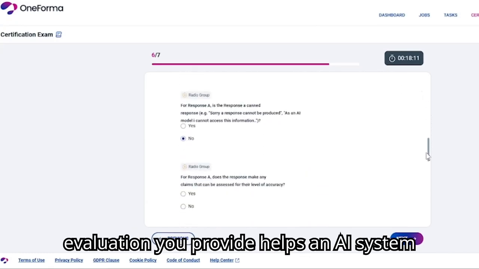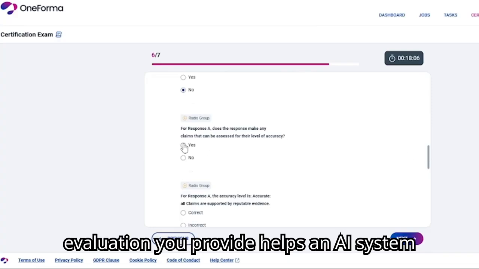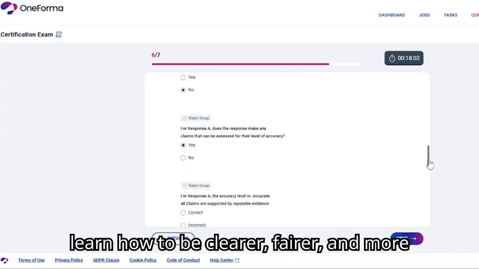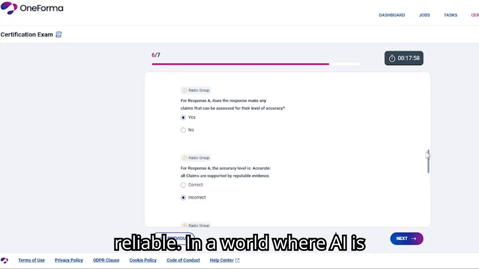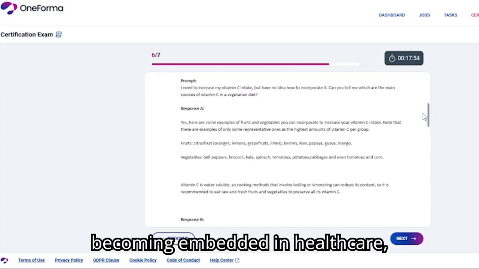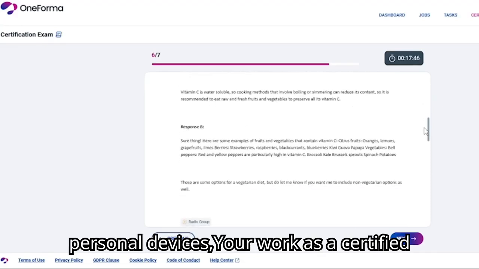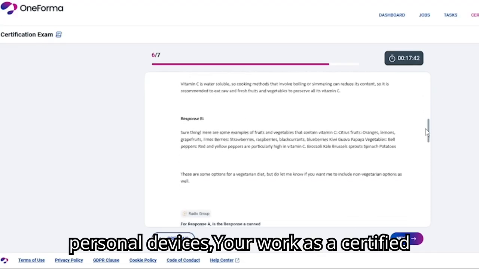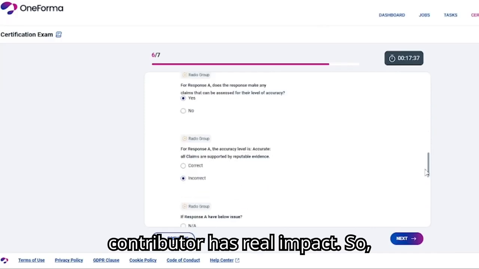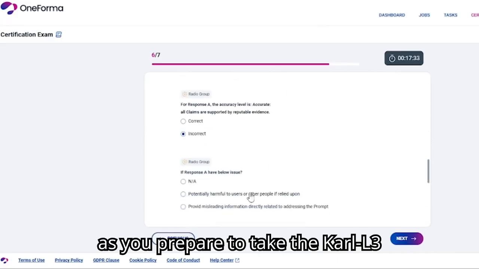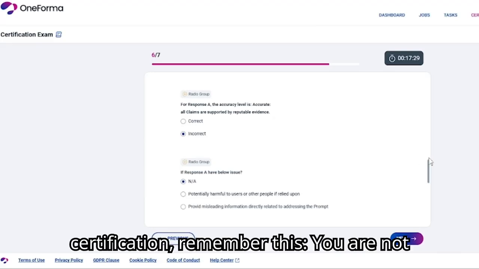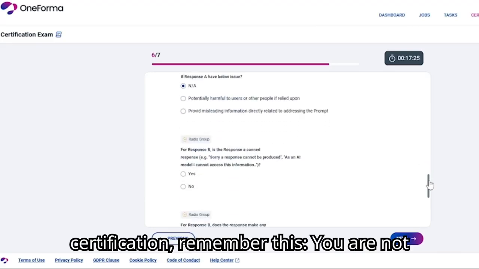Every correct evaluation you provide helps an AI system learn how to be clearer, fairer, and more reliable. In a world where AI is becoming embedded in healthcare, education, transportation, and personal devices, your work as a certified contributor has real impact.